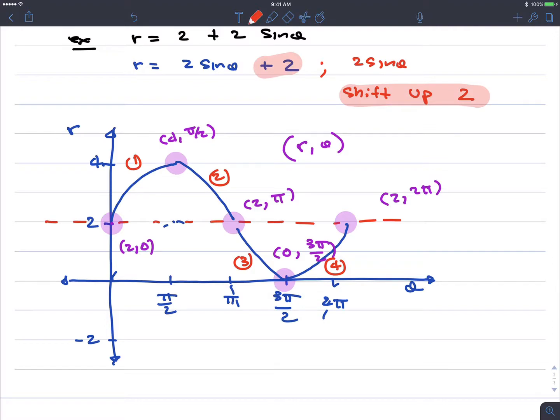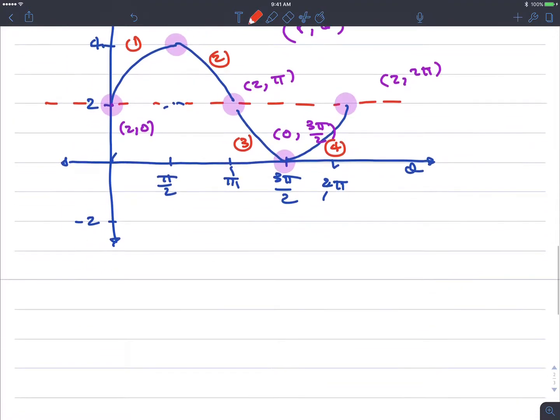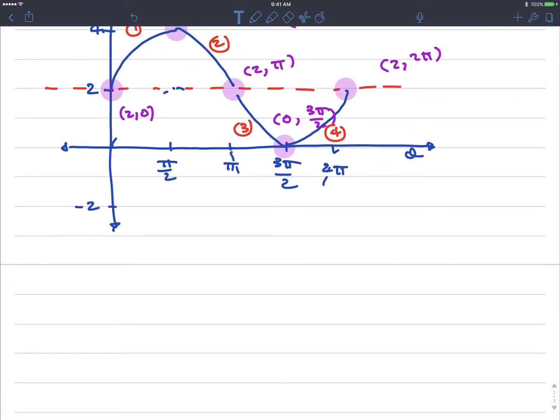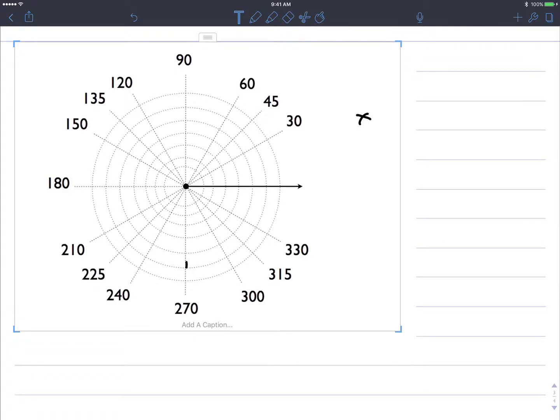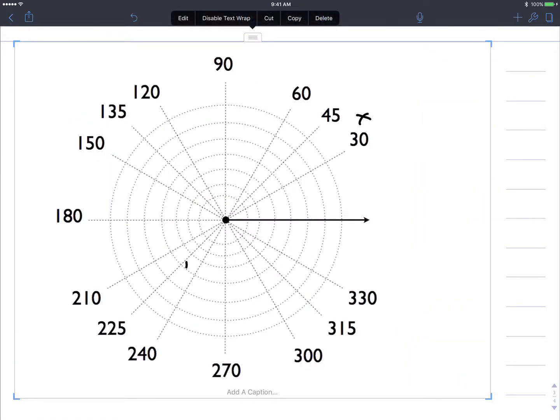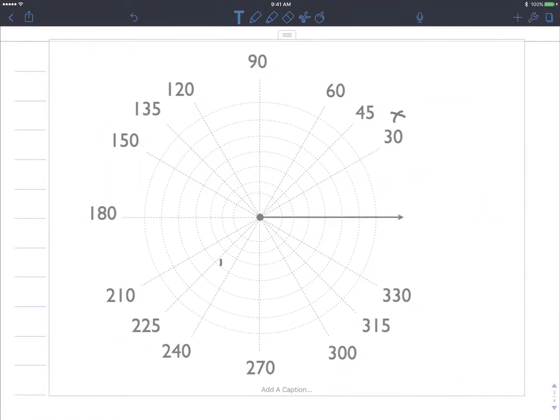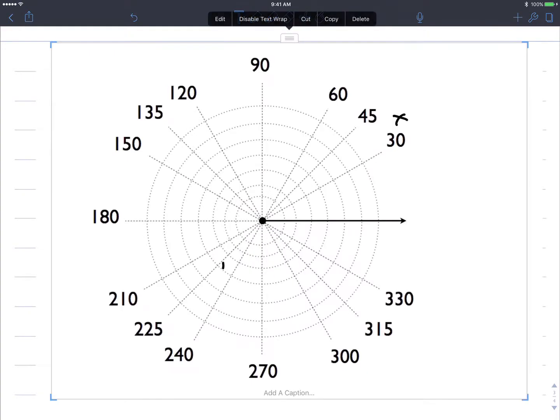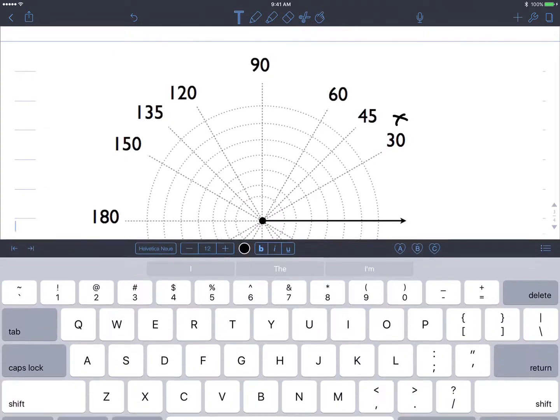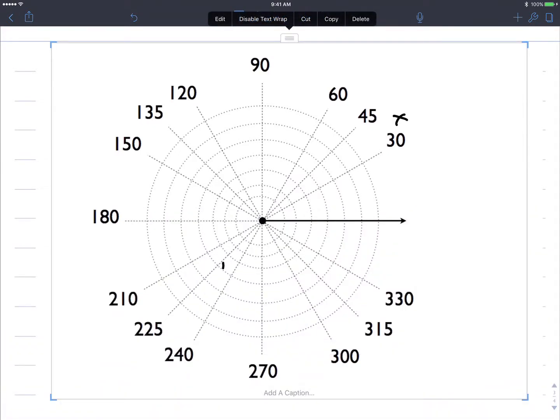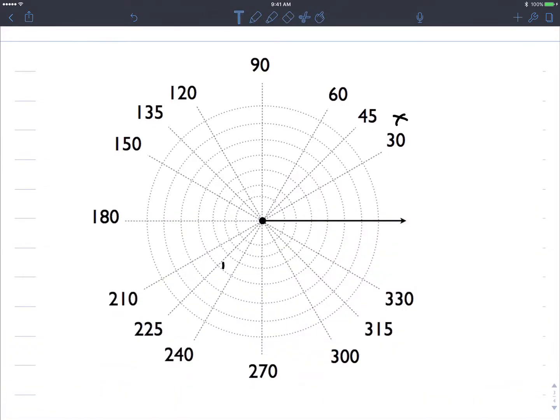Let's go and plot this stuff. Okay, now I need to bring in what? Here's my polar axis.